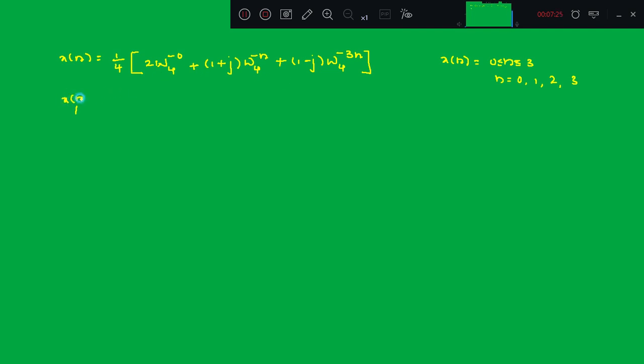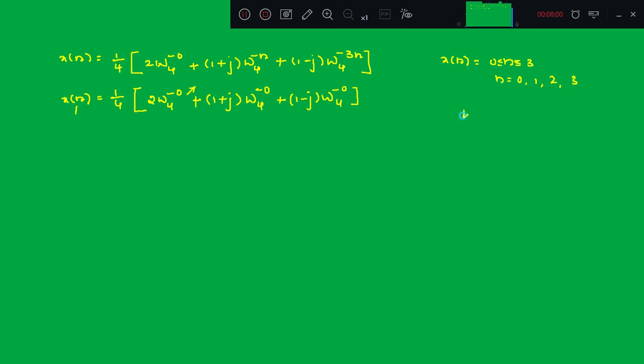I will get x of n is equal to 1 by 4, 2 into W4 raised to minus 0, plus 1 plus j, n is equal to 0 here, so it is W4 raised to minus 0, plus 1 minus j, W4, n is 0, 0 into minus 3 is also minus 0, right? So we have to calculate now the complex sequence values, these Twiddle factor values, right?